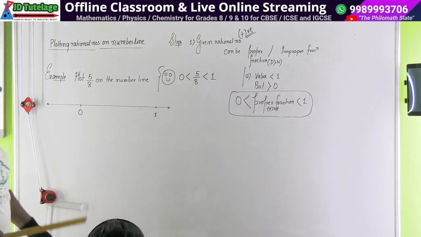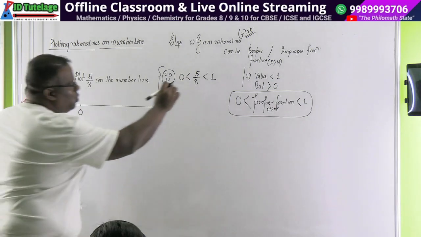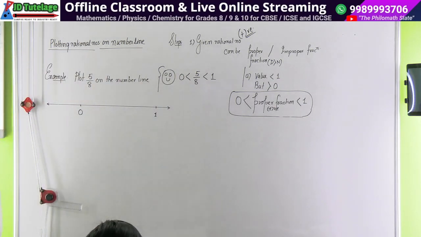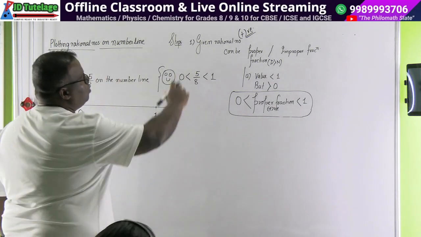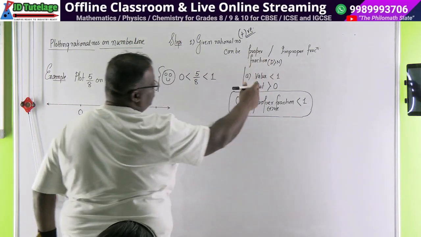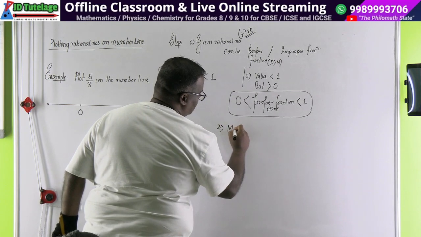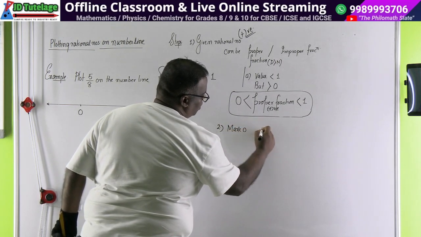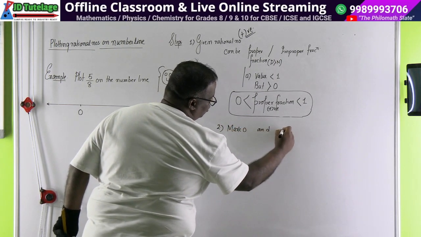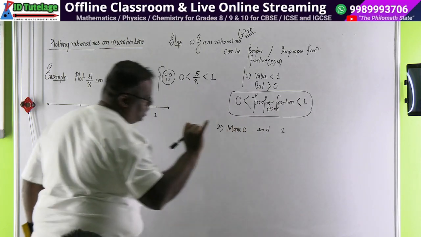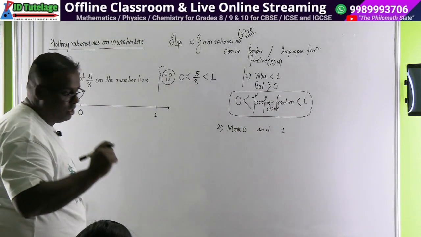ठीक है? Now what we are supposed to do, look at the denominator. What is the denominator now? Okay. So given rational number can be proper. So if we have proper fraction, then our step number 2 is mark 0 and 1. You don't do anything right now. Just listen to me. Don't do anything. It is 8.